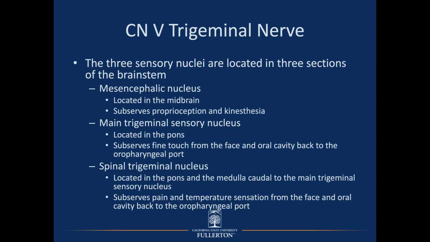So we're just doing 5, the sensory component, and realistically, the part that we would test as SLPs is light touch. If they have a deficit in light touch because of their sensory problem, we're going to see manifestations of that in speech and in swallowing also. Many times you'll see strokes, let's say on the left side, right hemiparesis, right loss of pain and temperature, and fine touch and proprioception.